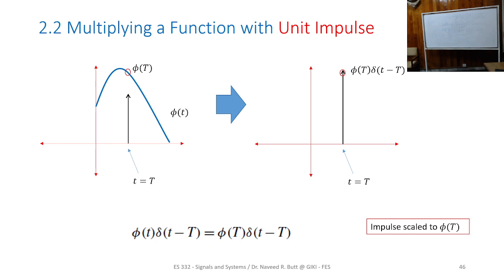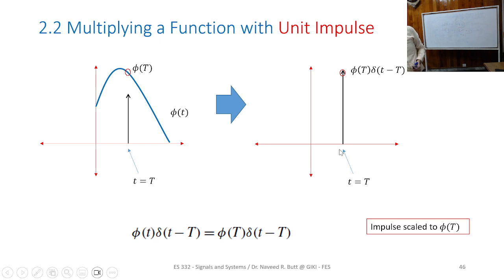Now, if delta t is 0 at t not equal to 0, you can get a function of delta which is shifted, t minus T. So the whole thing is now at T. That's what's happening here. It only exists at t equals T. It is non-zero at t equals T. All other values it is 0.